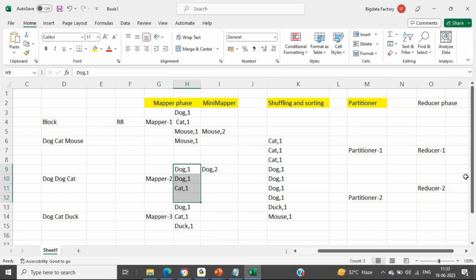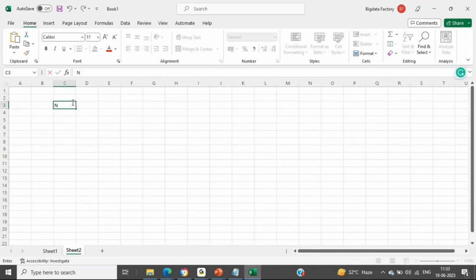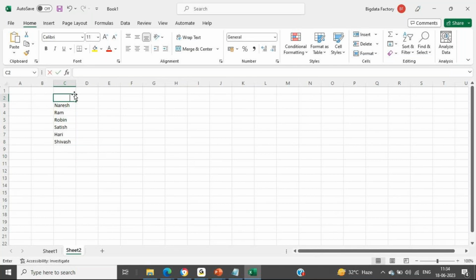So let me give you another example. Say we are having Naresh, Ram, Robin, Satish, Harry, and Shivansh. These are the persons, say name, and say serial number. Let me add certain data.